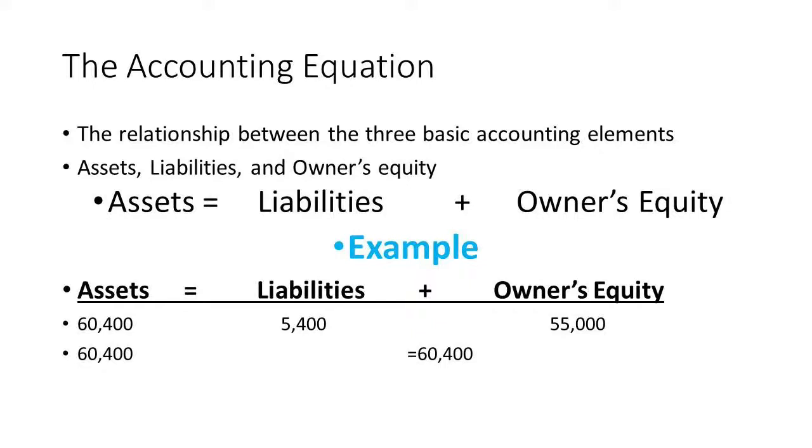Assets, which is $60,400, equals liabilities, $5,400, plus owner's equity, $55,000. The liabilities plus owner's equity equals $60,400. So does this balance? Yes. The total of assets must equal the total of liabilities plus owner's equity. Okay?